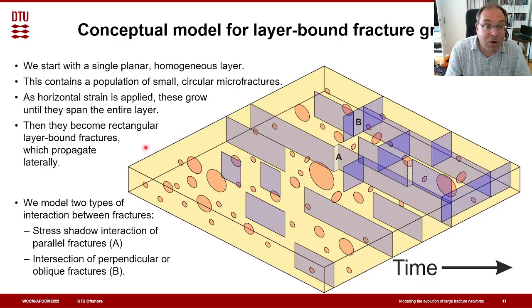And we start by assuming we have a single planar homogeneous layer that contains a population of small circular microfractures that are shown in red here. We then apply a horizontal strain to that layer, which generates a stress concentration around the edges of these microfractures that causes them to start to grow.